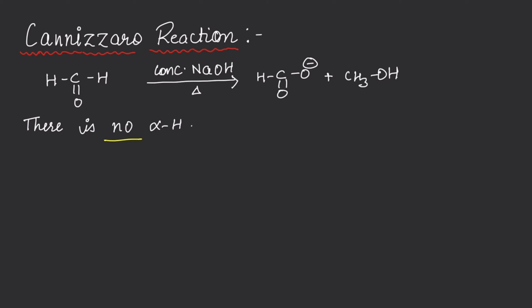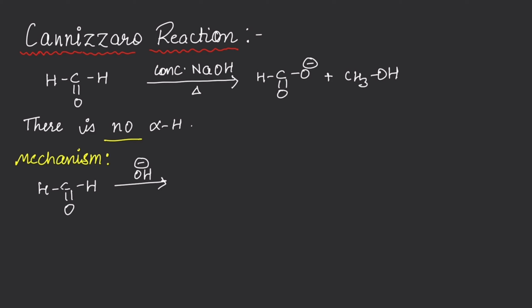Now let's start with the mechanism first. First of all, when this aldehyde, this formaldehyde, reacts with this base, that is OH minus, the OH negative acts as a nucleophile and attacks this aldehyde.